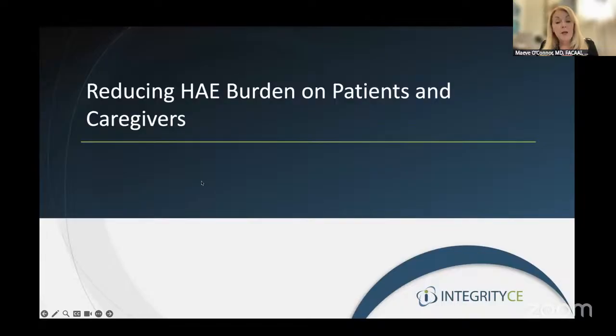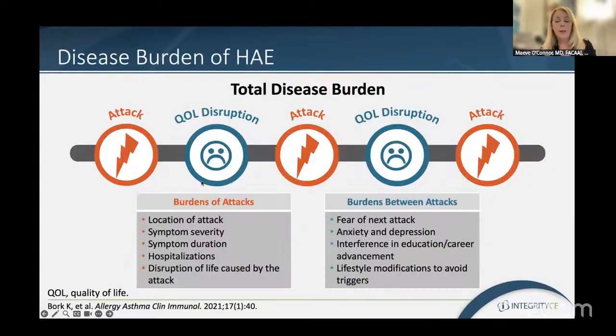What about reducing HAE burden on patients and caregivers? We all hear a lot now about caregiver fatigue, and it is certainly real in all rare and chronic diseases, but it's typically burdensome in hereditary angioedema. So the total disease burden can really be thought of as this cartoon depicts: an attack, then quality of life disruption, another attack, another quality of life disruption, and the cycle seems to be never ending for these patients.